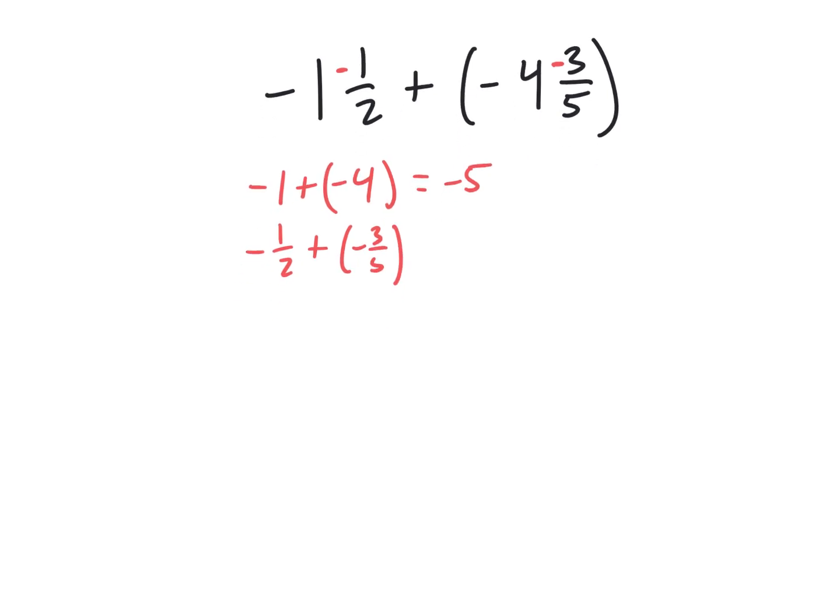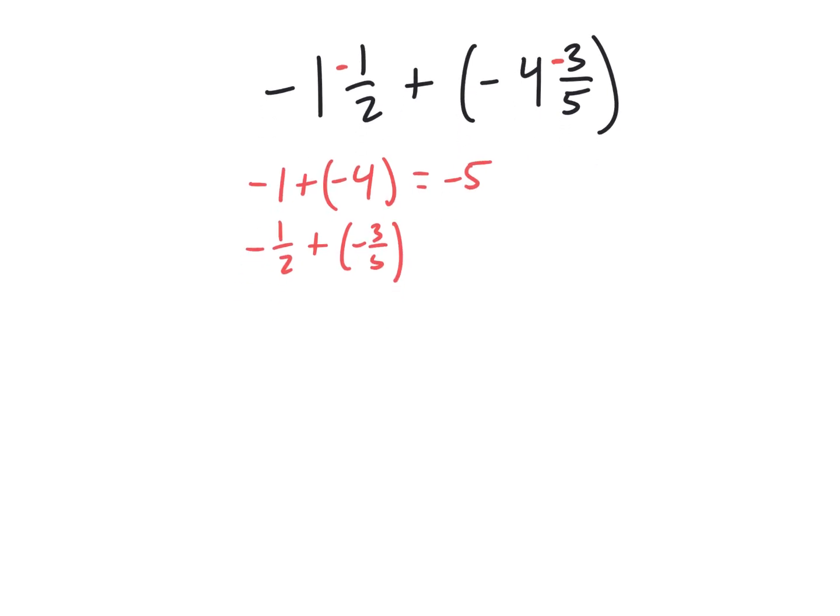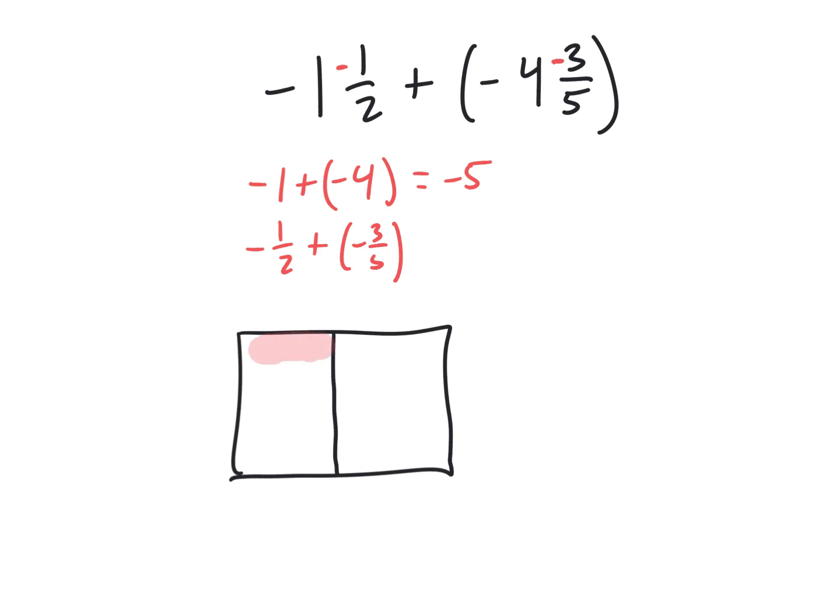And for this one, I want to draw a picture. So I'll draw my rectangle. I'll start by dividing it in half and shading in red because it is a negative 1/2. And then I'll go in fifths the other direction.